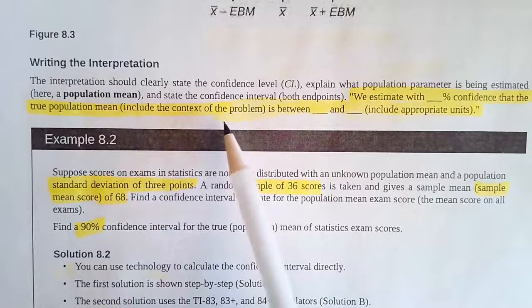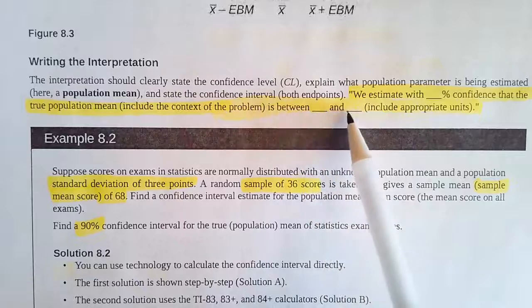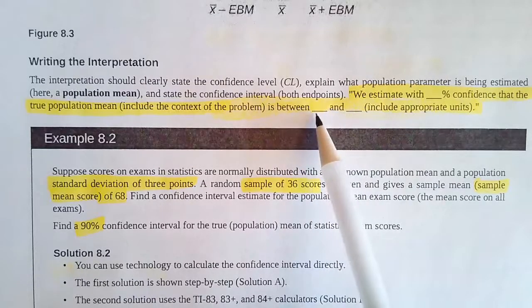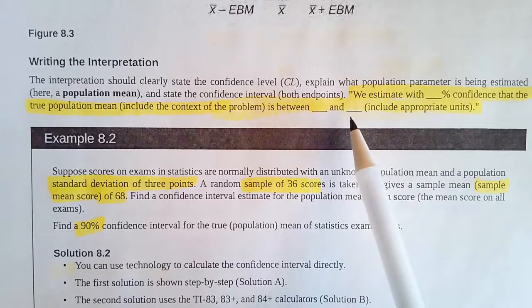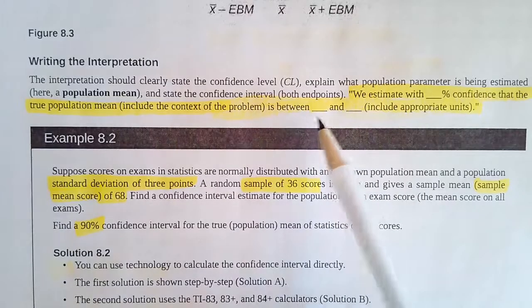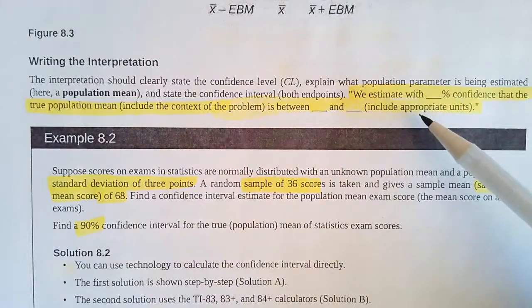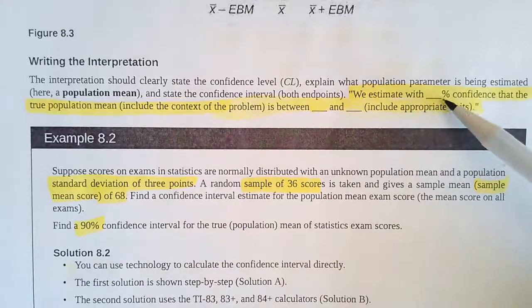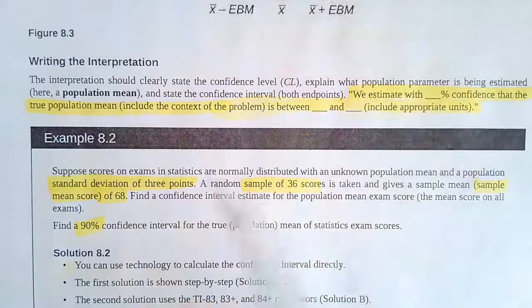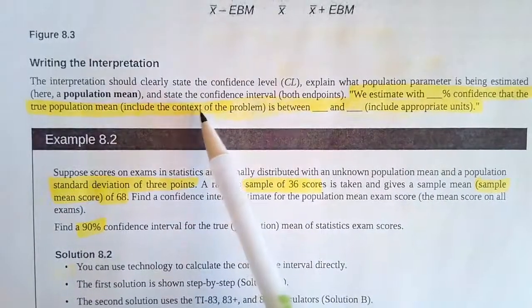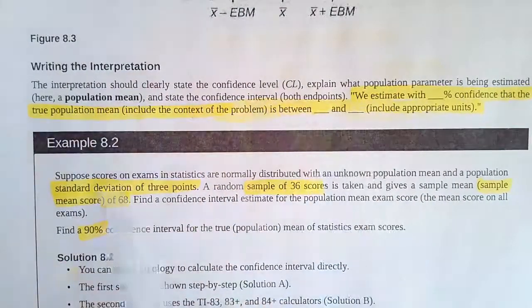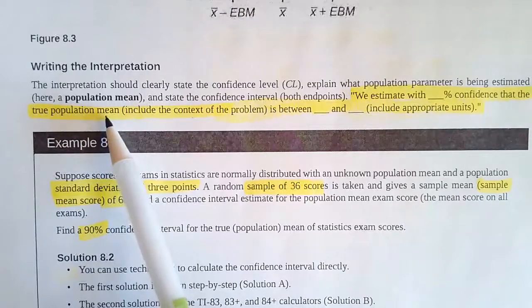But this is that same format. The only things that are going to change are your confidence level, the context of the problem, and your interval. Now, this is always going to be for means, but we're going to do this later on for proportions. But for right now, this is what it's going to be for your interpretations for the population mean. So it's going to be that the true population mean lies between those two values, and we can say it with that level of confidence.